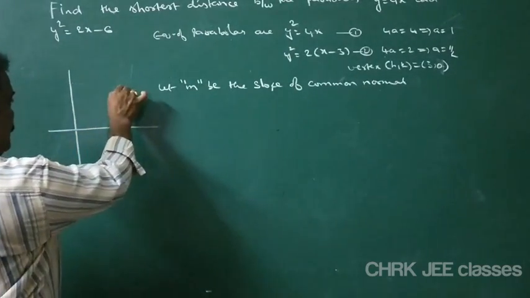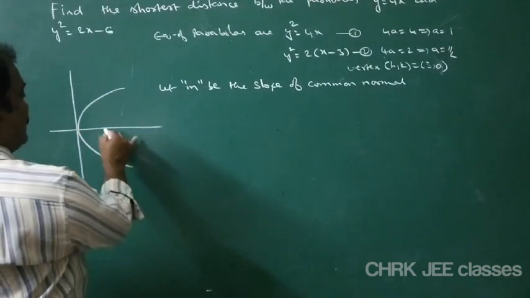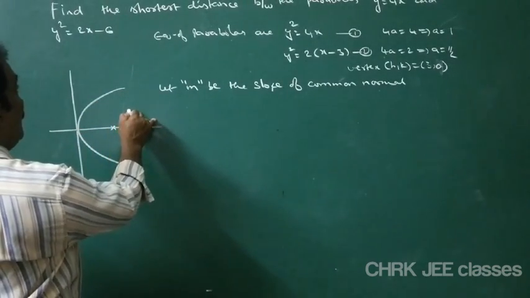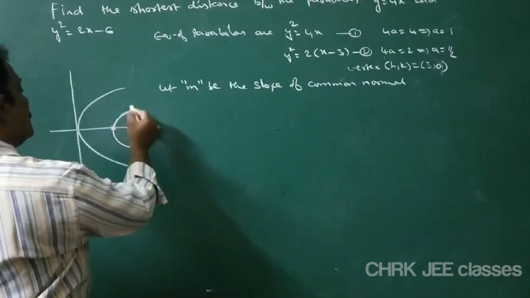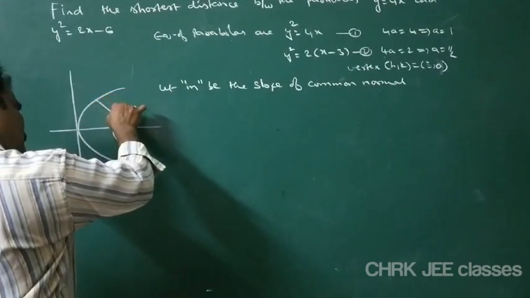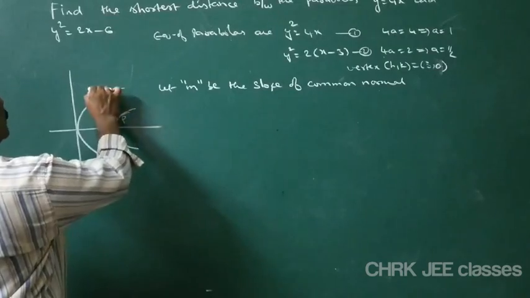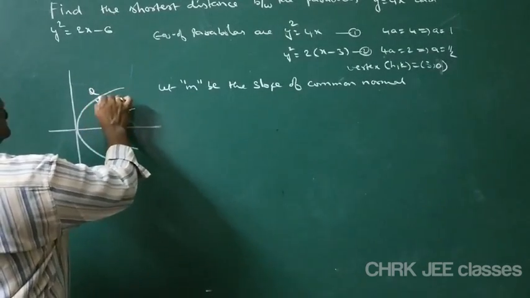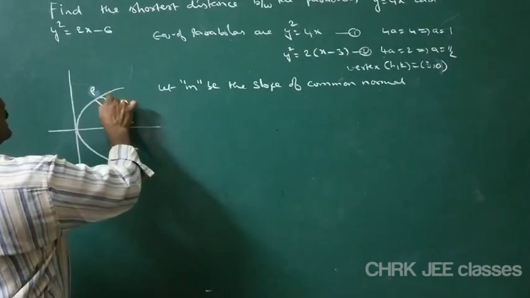This is the parabola y square equal to 4x, and this is the parabola y square equal to 2x minus 6. So, here suppose this is the common normal. Let it be P and let it be Q. PQ be the length of the common normal.